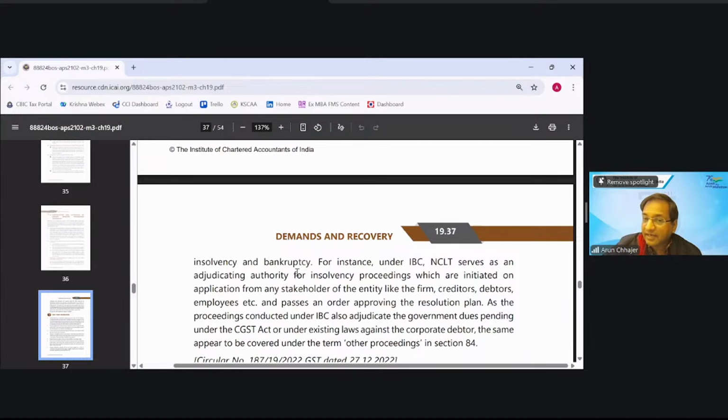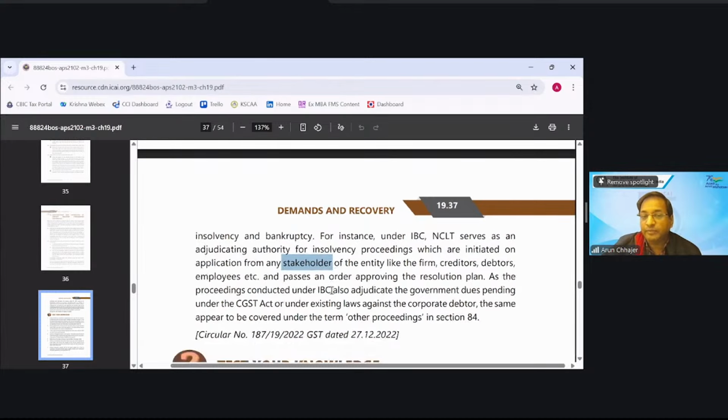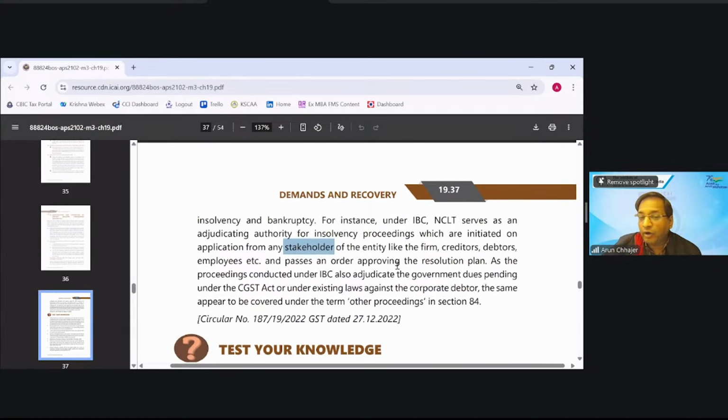For instance, under IBC, NCLT serves as an adjudicating authority for insolvency proceedings, which are initiated on the application from any stakeholder, like creditors, debtors, firms, employees, and passes an order approving the resolution plan.